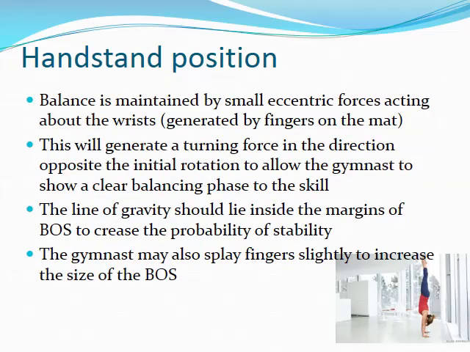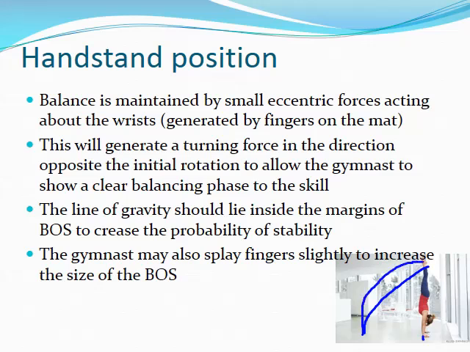So if you want to learn how to hold a handstand as a balance, so sort of 5 seconds in the same position, have a think about this. Balance is maintained by small eccentric forces acting about the wrist. So this is almost like your axis of rotation, and we know that we swing up already to get into your handstand position.